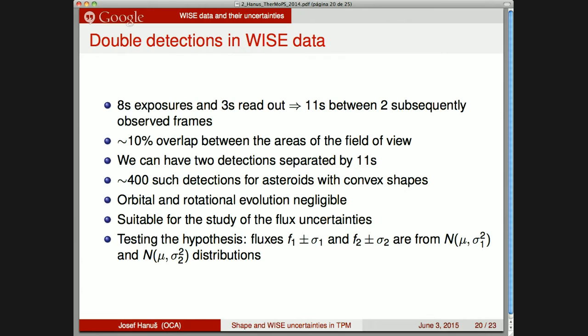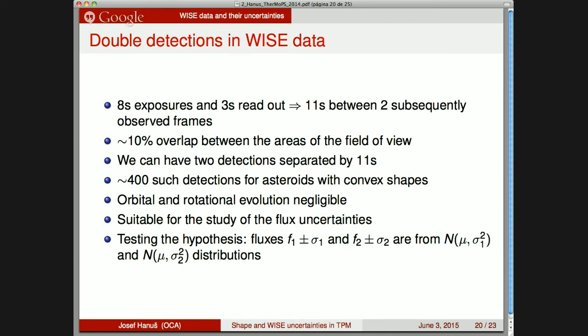So we tested a simple hypothesis that we have these two detections with fluxes F1 with error sigma 1 and F2 with sigma 2, and we test the hypothesis that they are drawn from a normal distribution with a mean, mu, and the corresponding dispersion. And we assume that mu is the same.